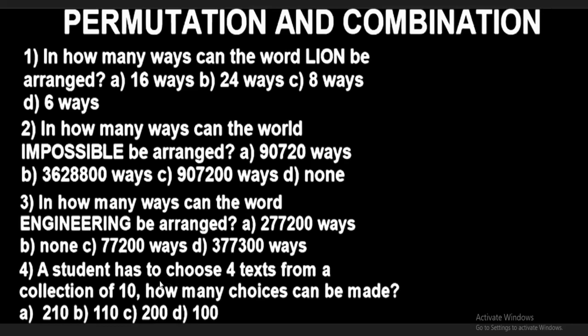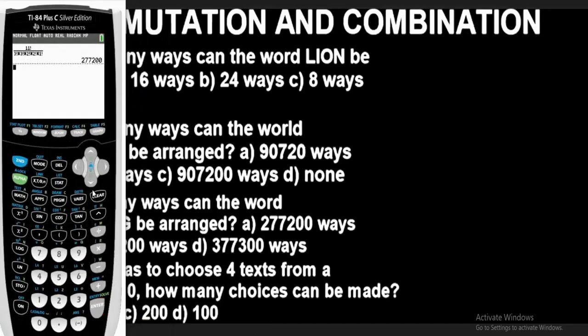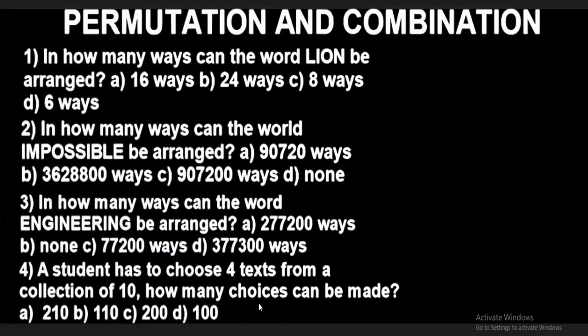All you have to do is, let's bring a calculator, remove this. To get how many choices can be made, you will simply do 10 combination 4. The higher number will come before the lesser number.